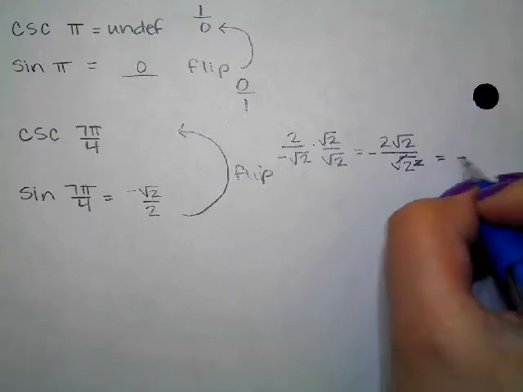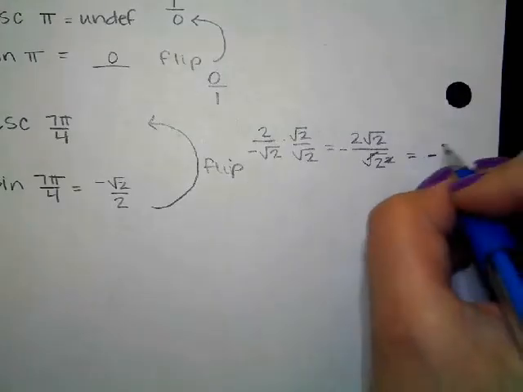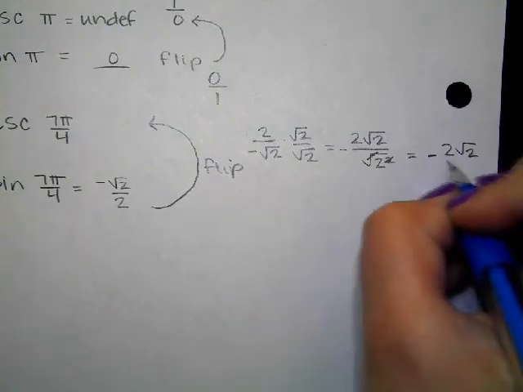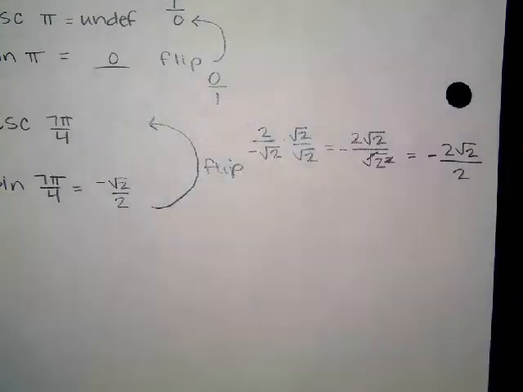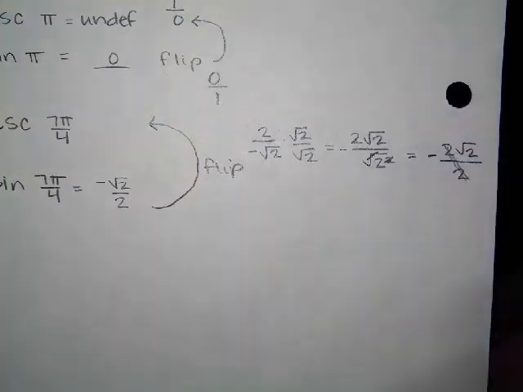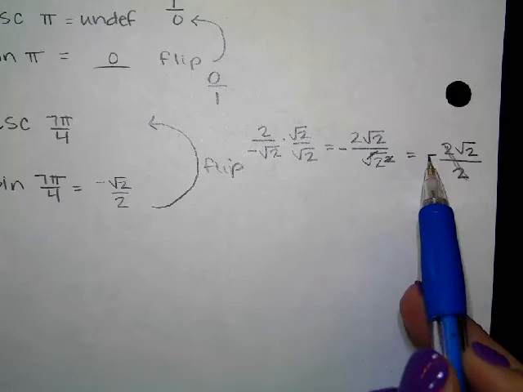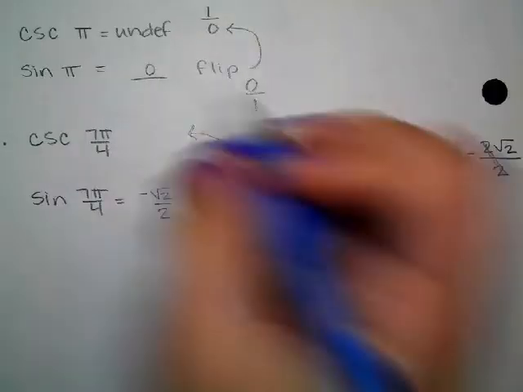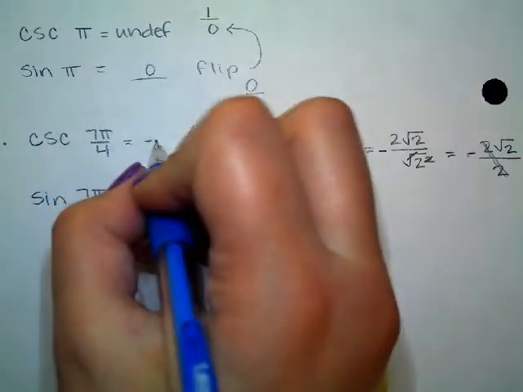So we get a negative in the front, we have a 2 square root 2 on top, and on the bottom, we have a 2. Do we leave it just like that, or can we simplify some more? Okay, the 2's cancel, and so our simplified answer is the negative version of square root 2. So this equals negative square root 2.